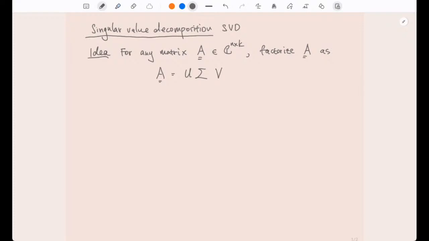And let's recall the sizes. So if A is m by k, the sigma needs to be m by k, and this is going to be k by k, and this should be n by n, and then because it should be a conjugate transpose like that, where U and V are unitary matrices.